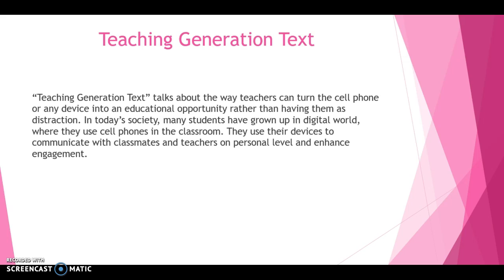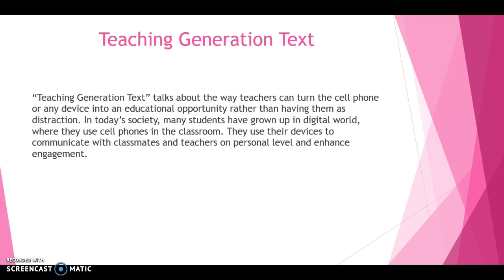Teaching generation text basically talks about the way teachers can turn the cell phone or any device into an educational opportunity rather than having them as distractions. When students get distracted, it's because they're mostly texting during the classroom and not paying attention during lessons, or they're just surfing some website that doesn't relate to the schoolwork, or they're off task.